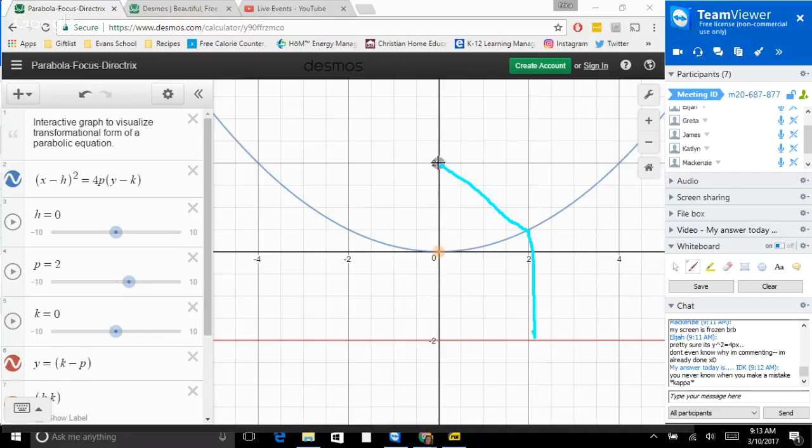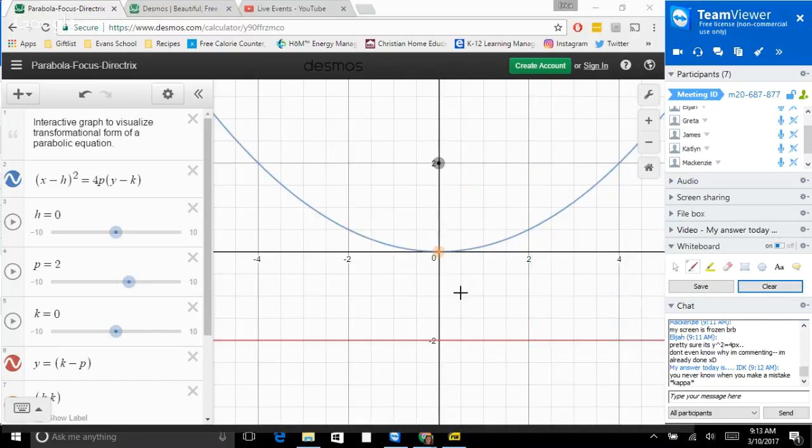If I draw a line from the focus point to this point here, it's 4 units away. Then from the parabola down to the directrix, it's 1, 2, 3, 4, also 4 units away. Those are the two new terms we learned on Monday: the focal point and the directrix.